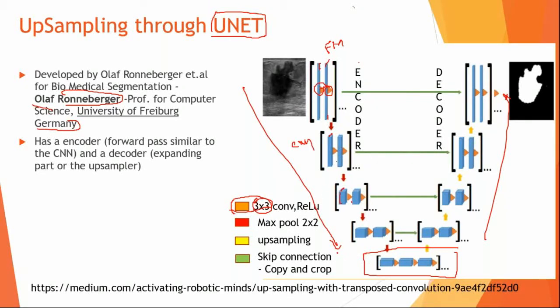This stage is very similar to your CNN architecture. You get the what information here, and then you pass this what information to another opposite pipeline, which has these yellow ones, called upsampling. These are also called deconvolution operators. If you are more interested, there is a term called fractionally strided convolutions that you can look into.